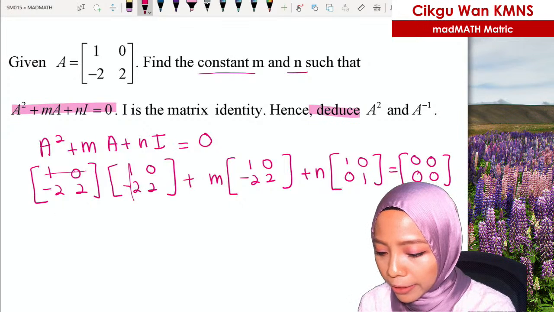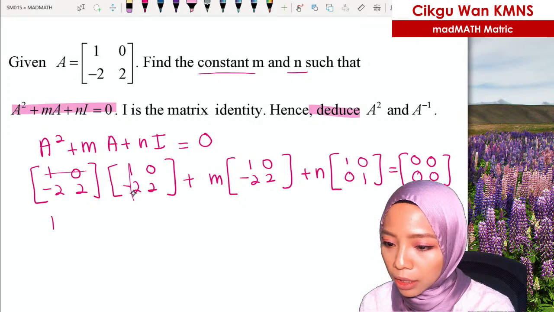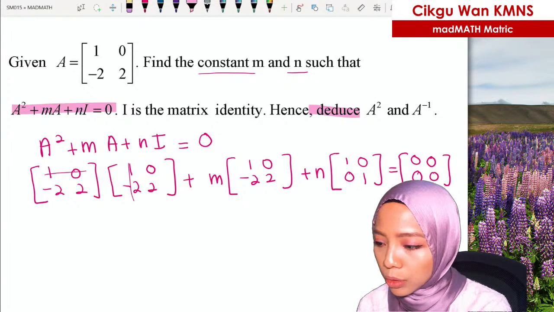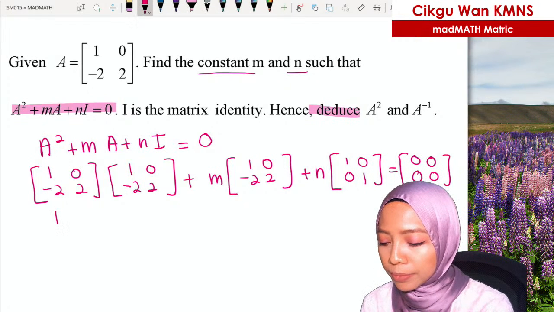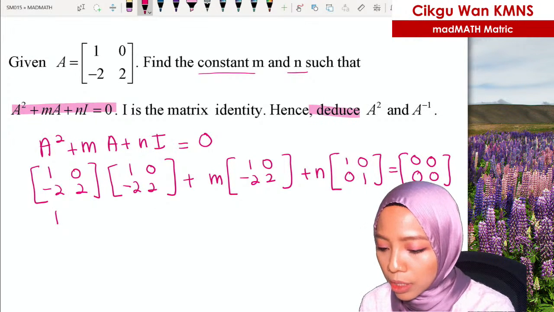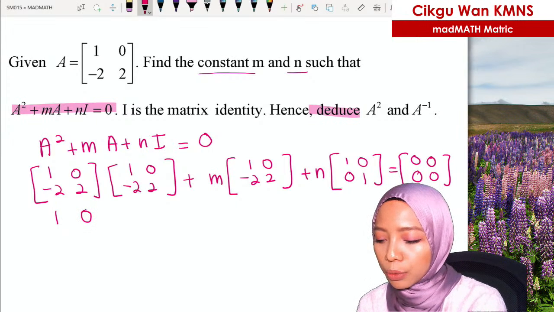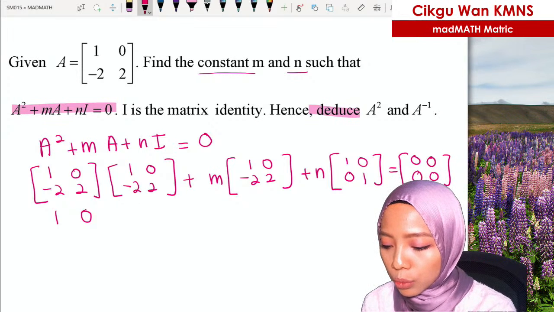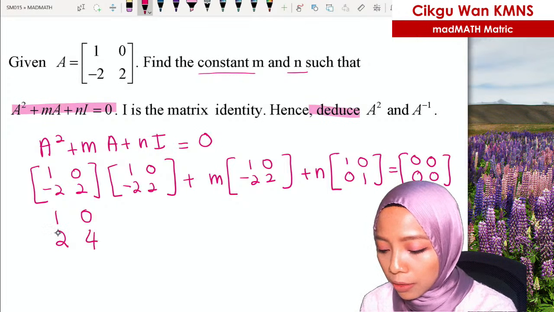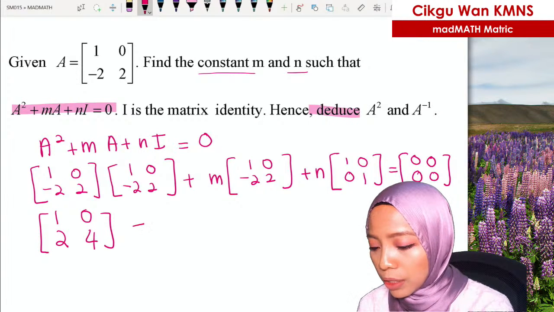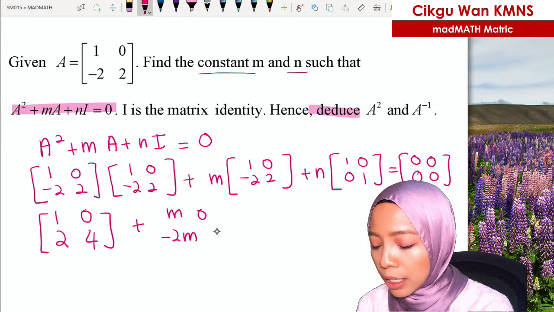So 1. Kita congak sahaja. 1, 0, 0, 0. Negative 2, minus minus, so negative 2 plus 4, 2. Negative 2, 0, 4. Plus with M0, negative 2M, 2M.